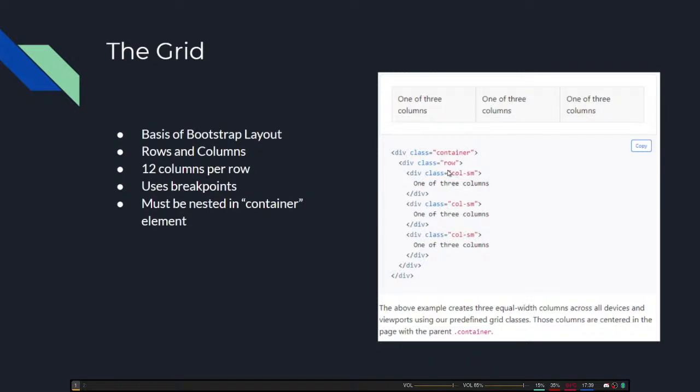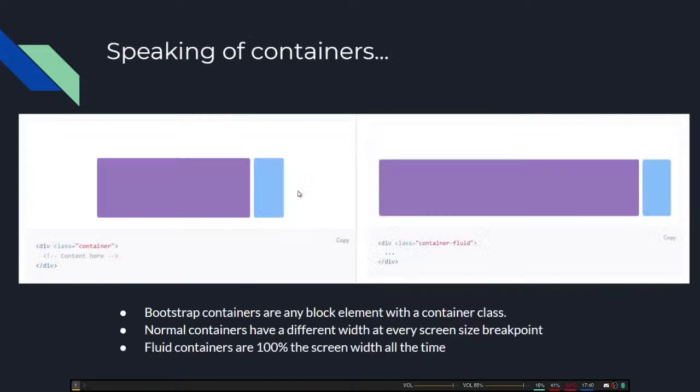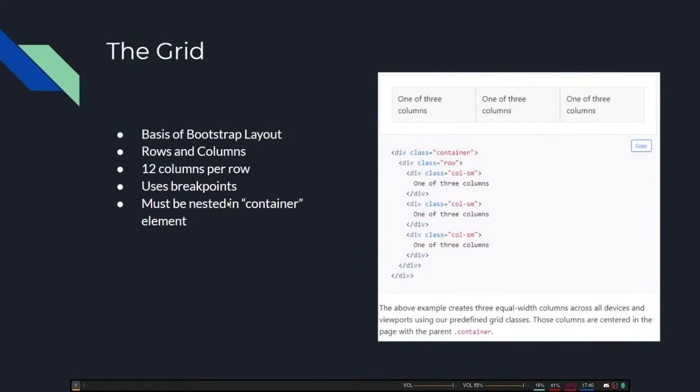I should probably explain what this row does. Basically, it puts everything in a line, so it's lined up like this, and each of these columns appear in the same line. And if this ever goes over 12 columns of width, it will spill out onto the next line, which we'll see here.